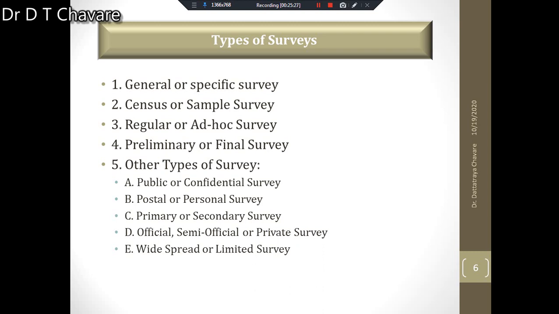First, public or confidential survey. Second, postal or personal survey. Third, primary or secondary survey. Fourth, official, semi-official or private survey. And the last, widespread or limited survey. In this way, these are the types of survey.